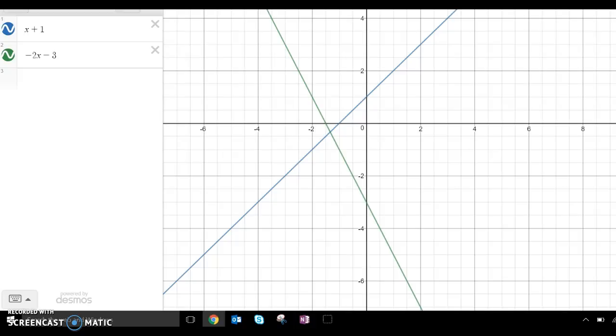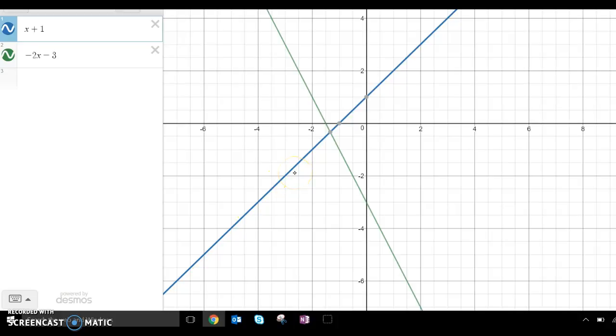So you have to look at just those pieces. When I'm looking at x plus 1, and I need x values less than -3, if I look on the x-axis at -3 and go down to my blue line, what I'm looking at is everything below that.